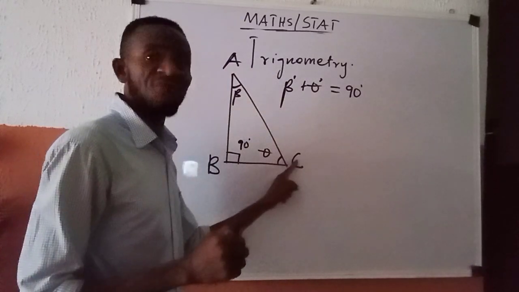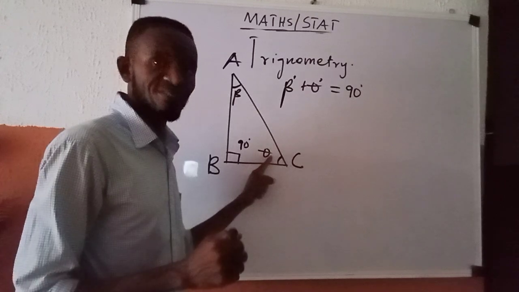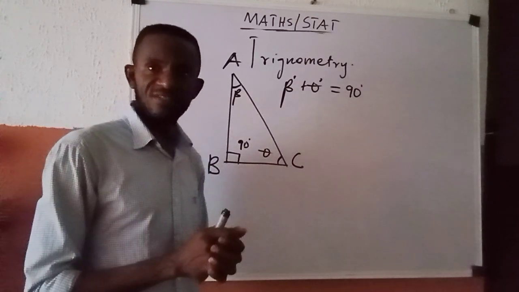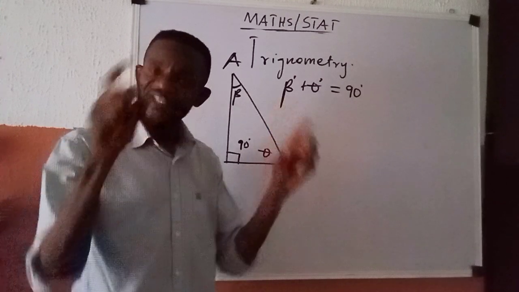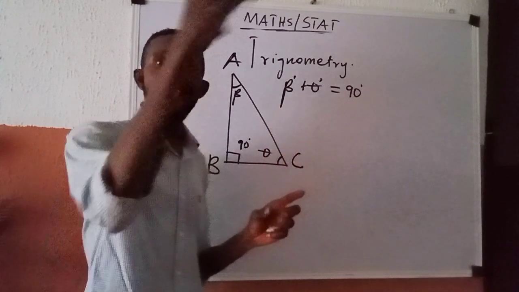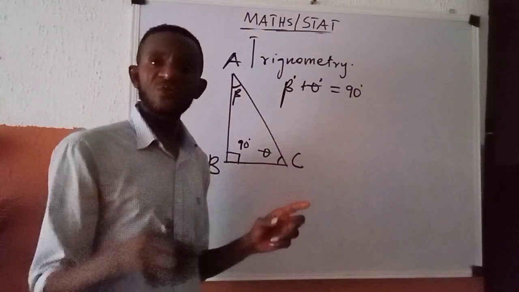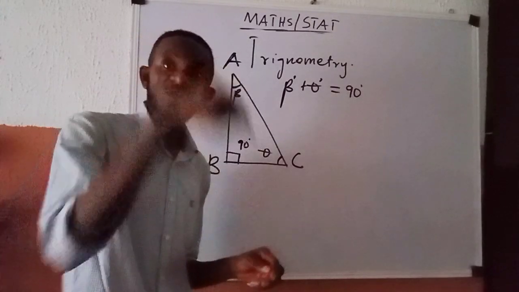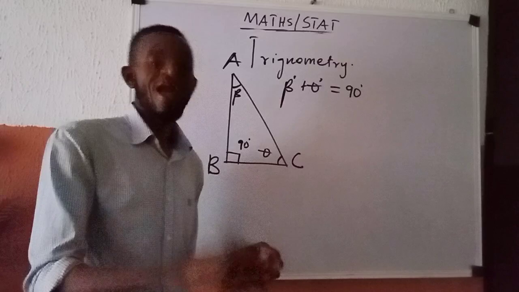What this C stands for is this theta degrees. And what this B stands for is this 90 degrees. Therefore, the capital letters written at the edges of a triangle stand for the angles that are contained inside the triangle.